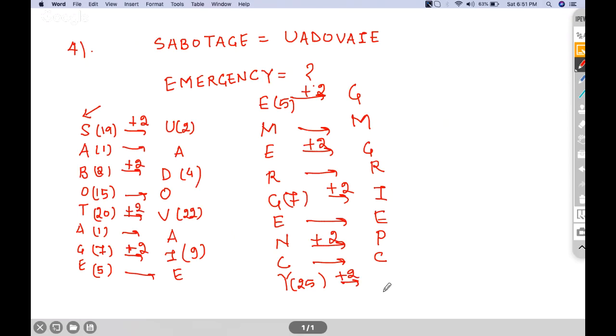But as I have already explained, 27 would be after 26, so again A comes as 27. So your answer would be GMGRIEPCA. Those who are getting it are right. I don't know how many of you got it, but this is the right answer.